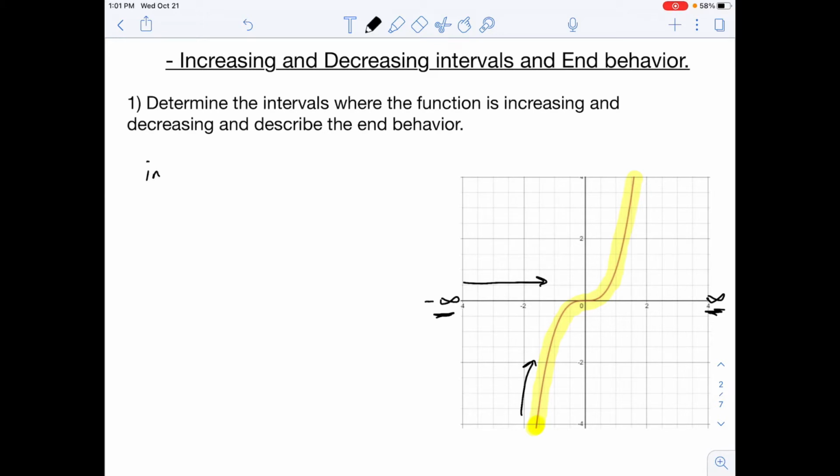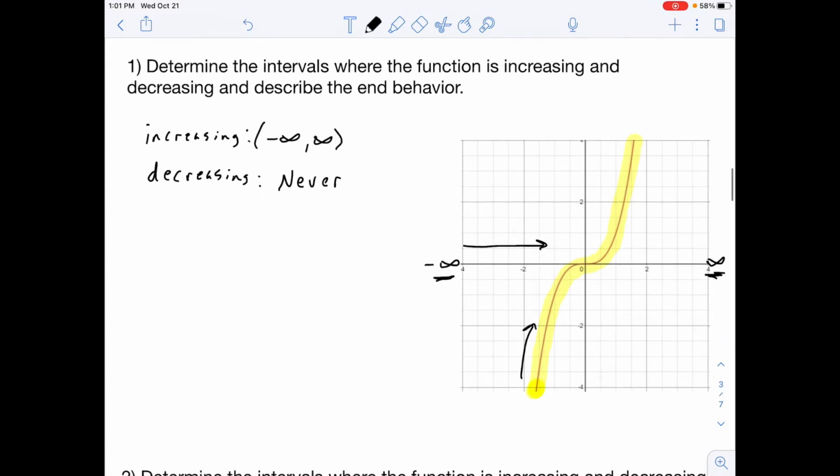So what we have is it's increasing from negative infinity to infinity. We always describe the intervals for increasing and decreasing using the domain, the x values. And then this is decreasing, like we already said, never. It's always increasing.